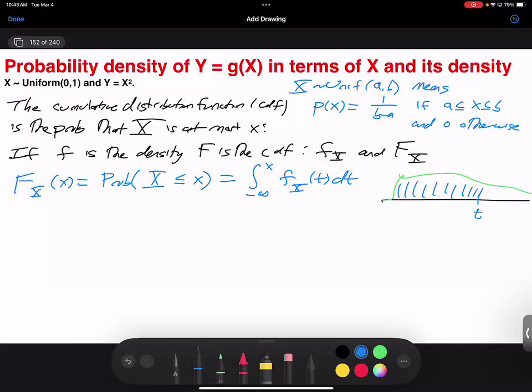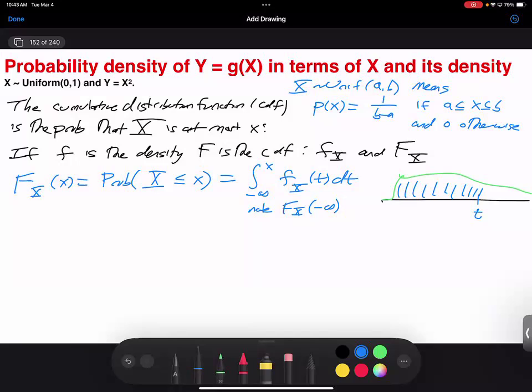Now, what do you think the cumulative distribution function at negative infinity should be? What's the probability you take on a value of at most negative infinity? It's just zero, right?